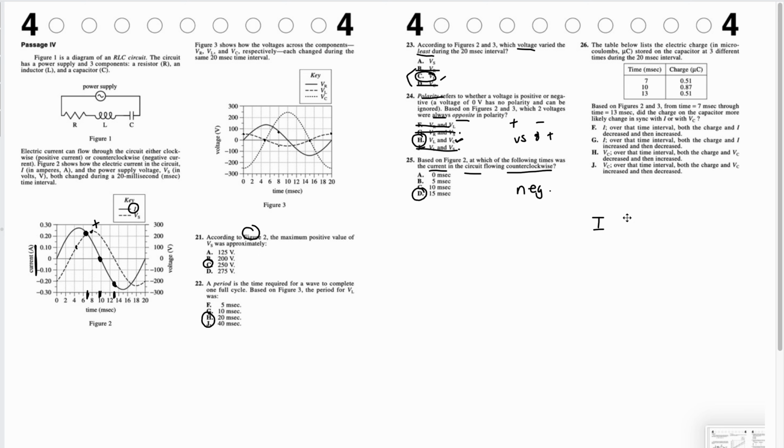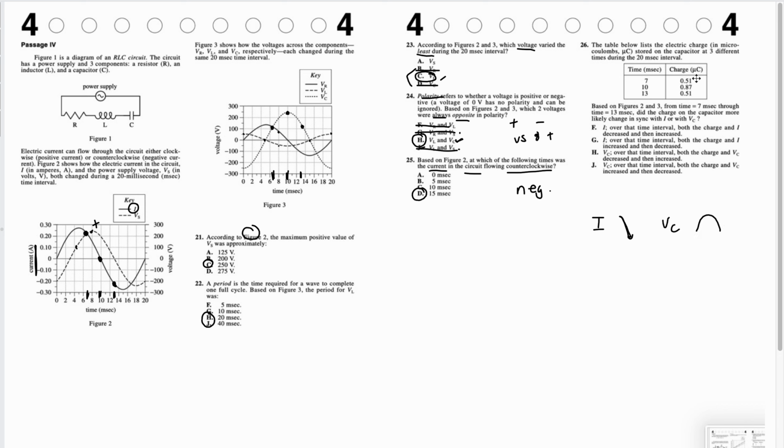So it's decreasing. It looks kind of like this. Then for VC, the dotted curve, we look at 7, 10, and 13 again. 7 is about here, 10 is up, and then 13 is about here. So for VC, it looks more like this.